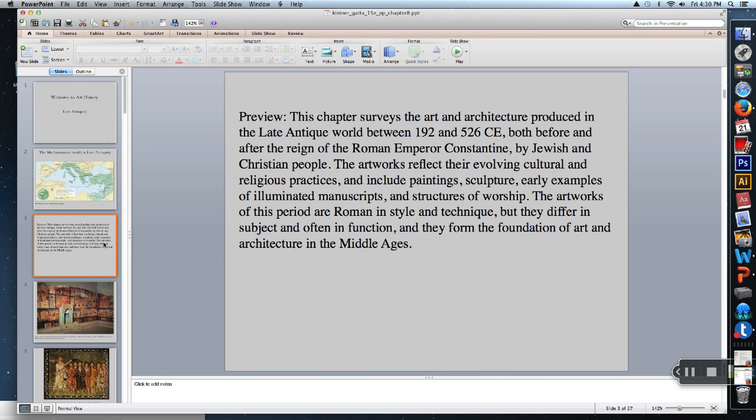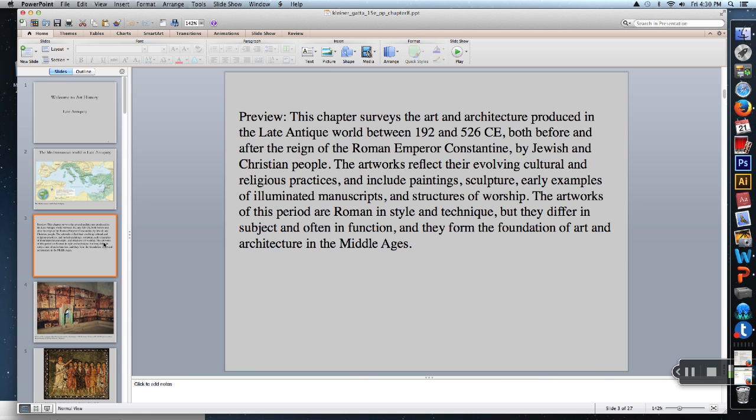This chapter surveys the art and architecture produced in the late antique world between 192 and 526 CE, both before and after the reign of the Roman Emperor Constantine, by Jewish and Christian people.